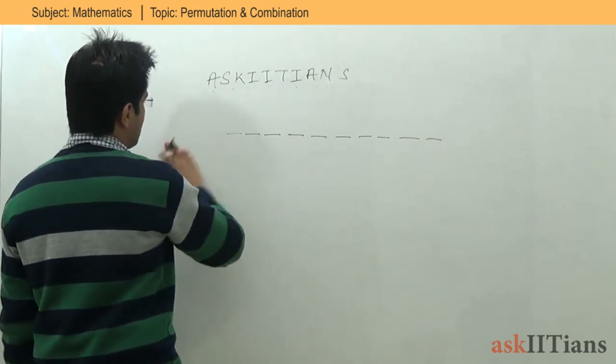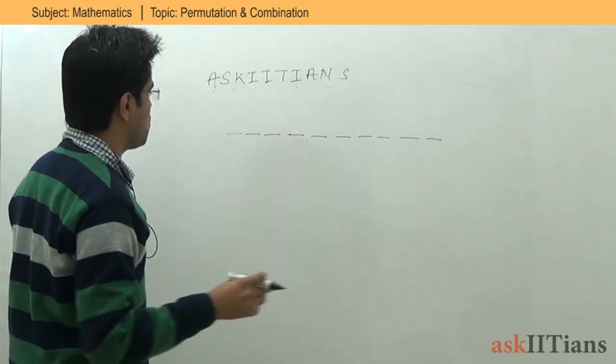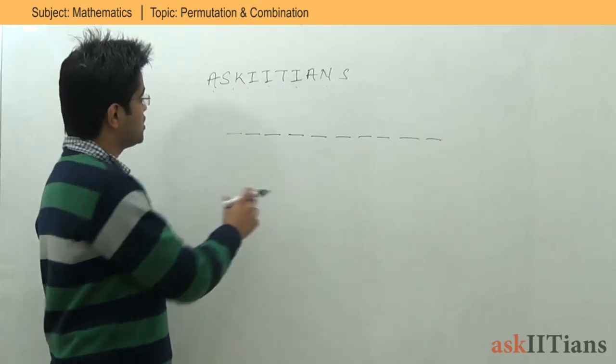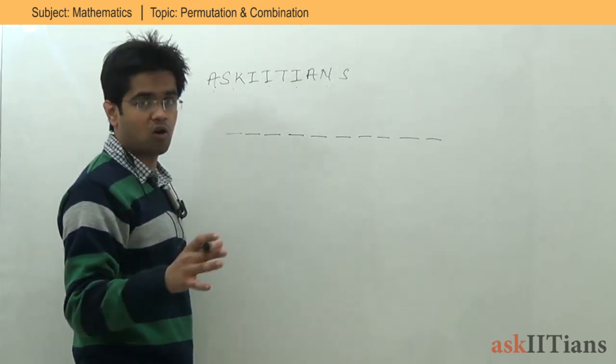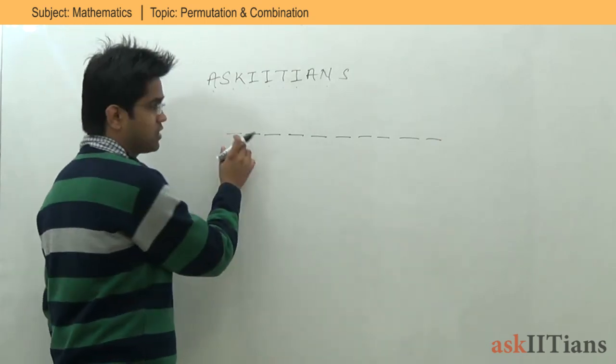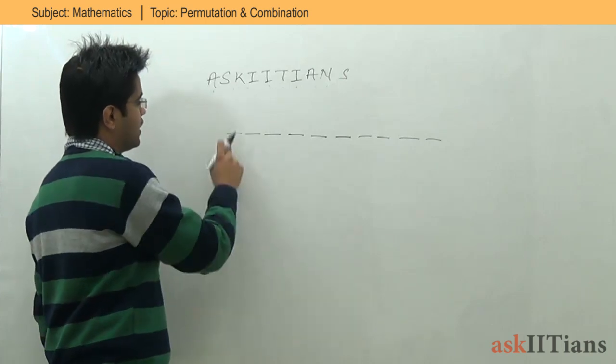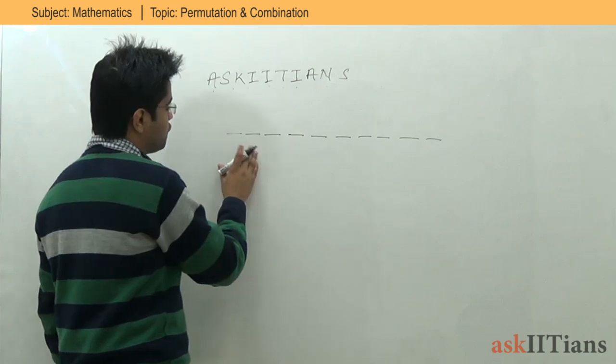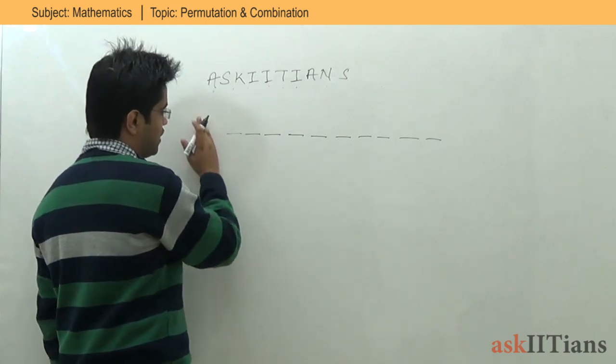Now, as we have drawn 10 boxes, we need to find out how many possibilities each box has, and how many times a letter can come. So let's say that we have 10 letters. For the first box, we'll start filling from this side.